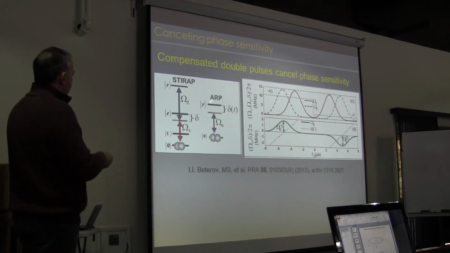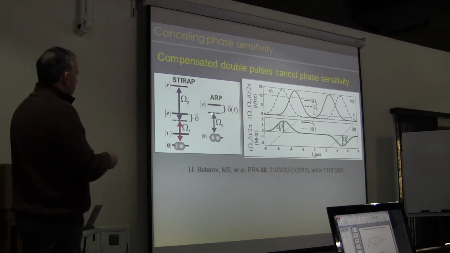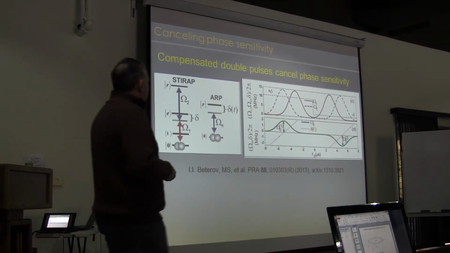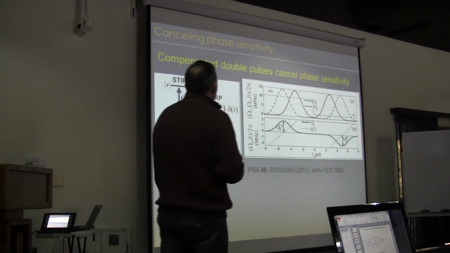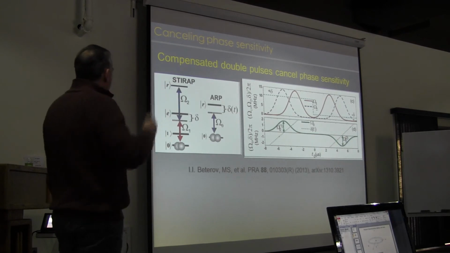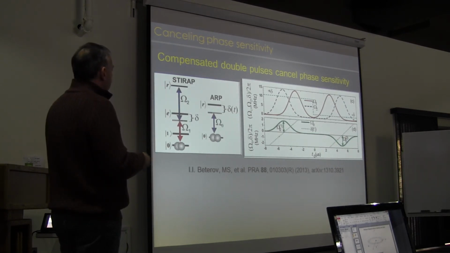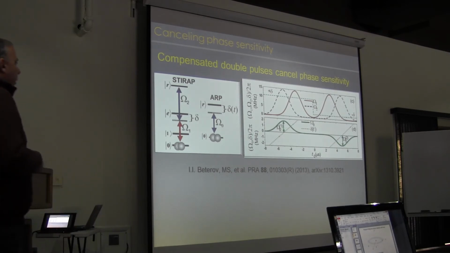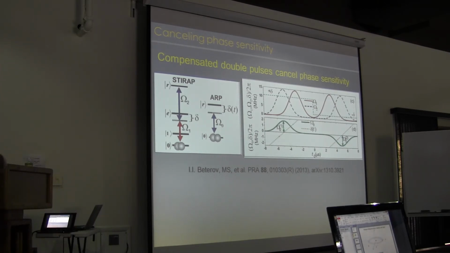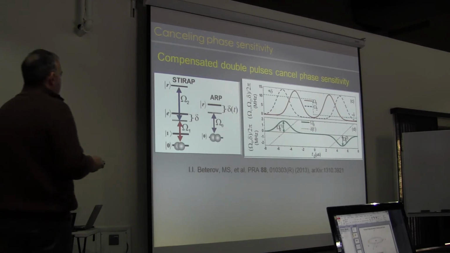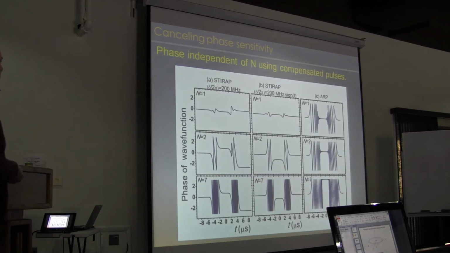Similarly, for these adiabatic rapid passage pulses, where one sweeps across the resonance, if one changes the phase of the field in between the 2 pulses, that will also compensate this phase sensitivity. But this was an idea that came out of the Novosibirsk group.